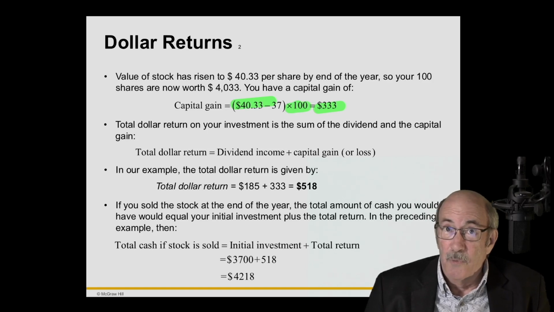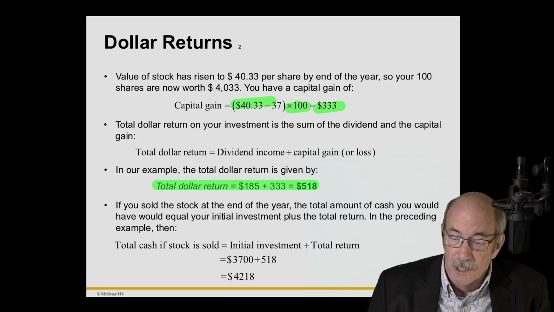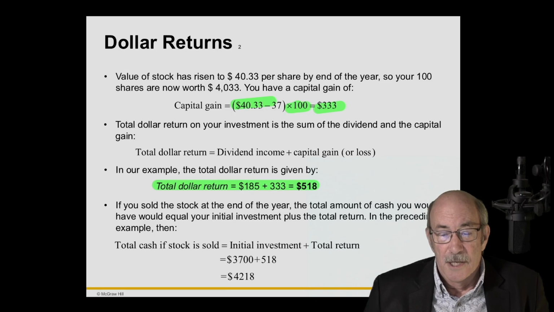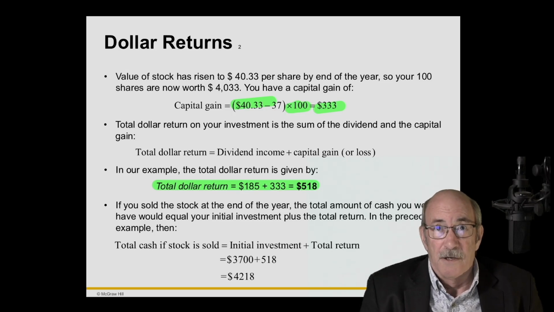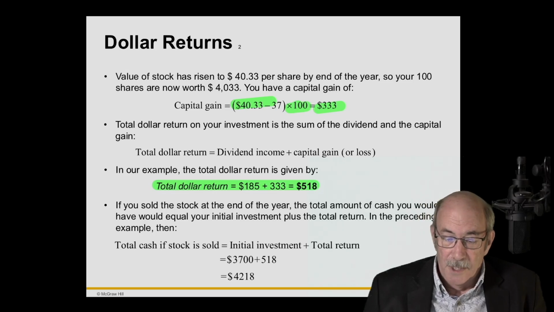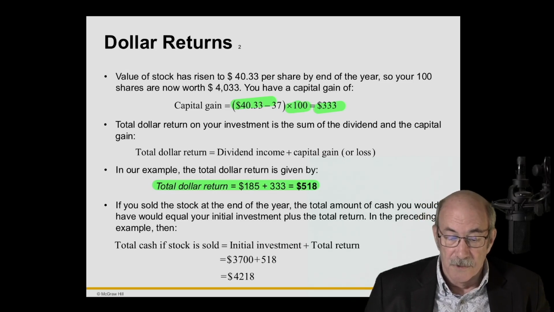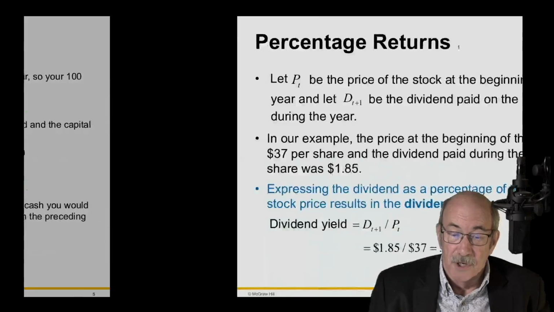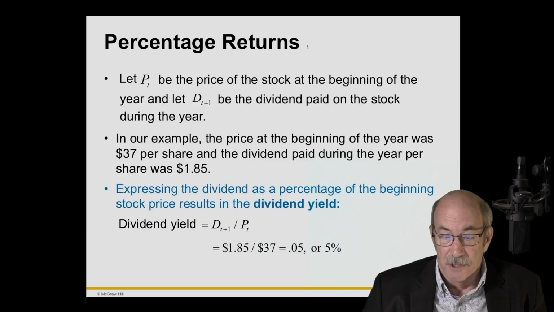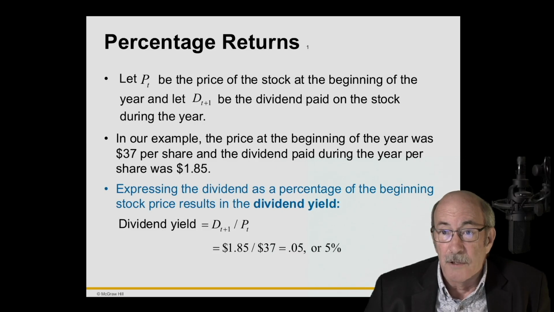Put that together with our dividend right down here, and our total dollar return is the sum of the dividend, 185, and the capital gain, the 333. Then if we wanted to look at returns, percentage returns, we could do that as well.